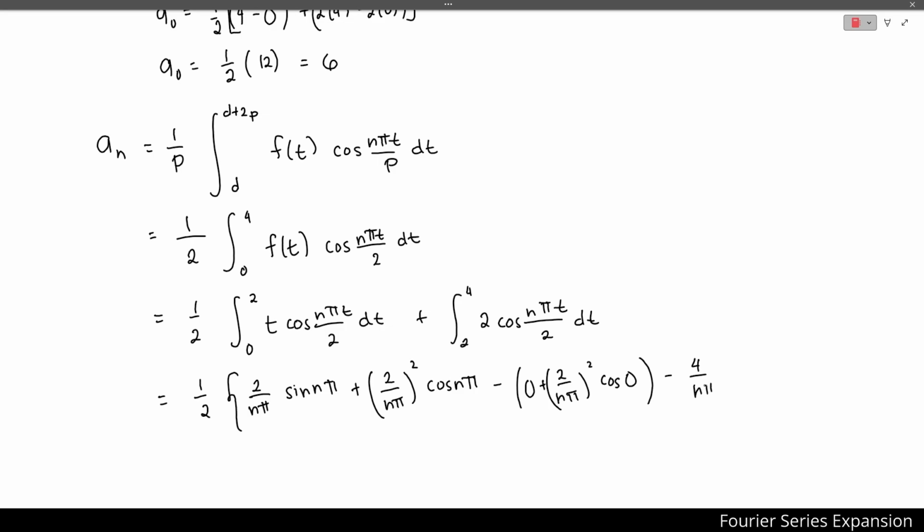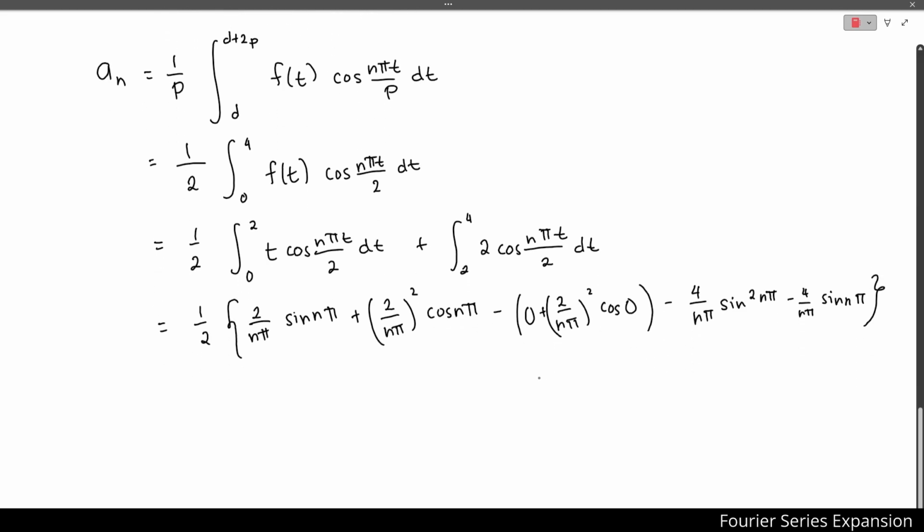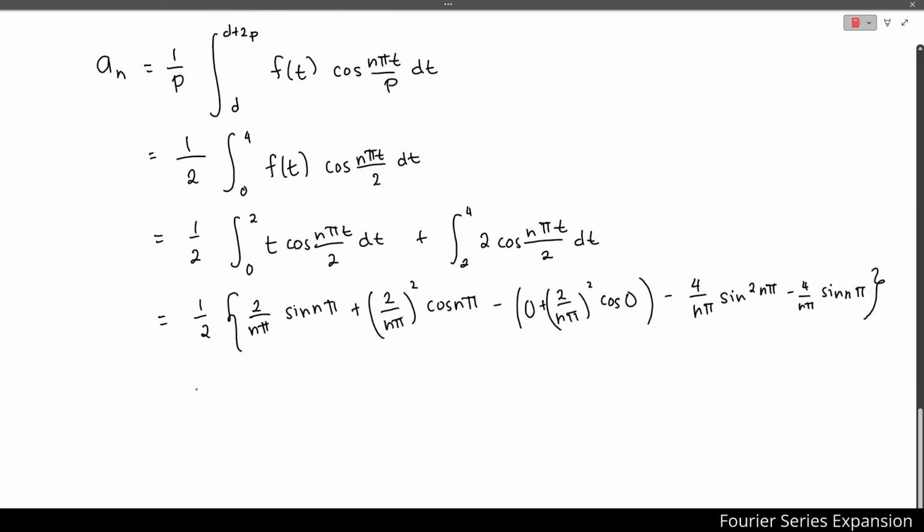4 over n pi sine 2n pi minus 4 over n pi sine n pi. Okay? So, evaluating this one, sine n pi is sine pi, sine 2 pi, sine 3 pi, sine 4 pi, sine 5 pi.